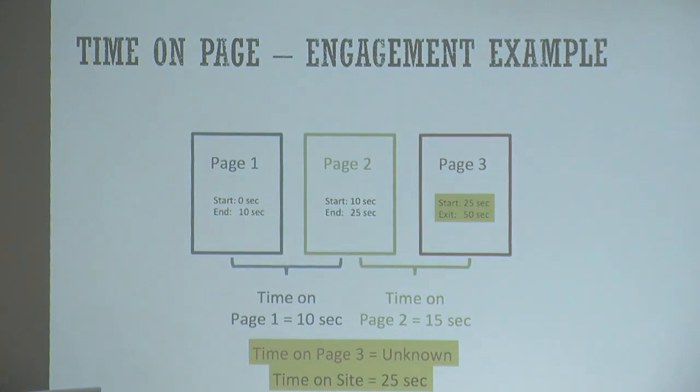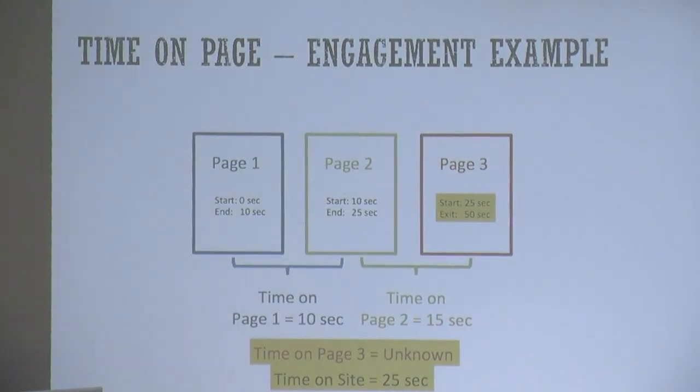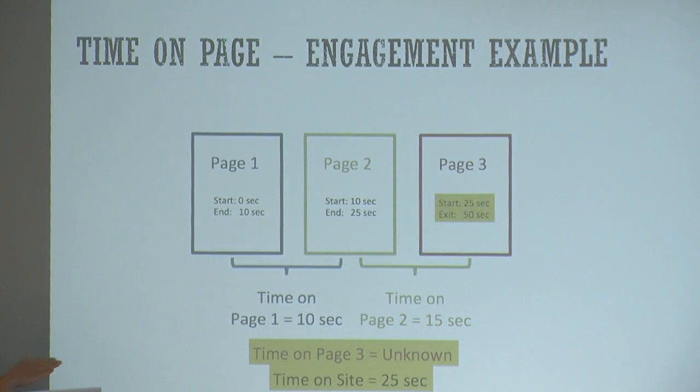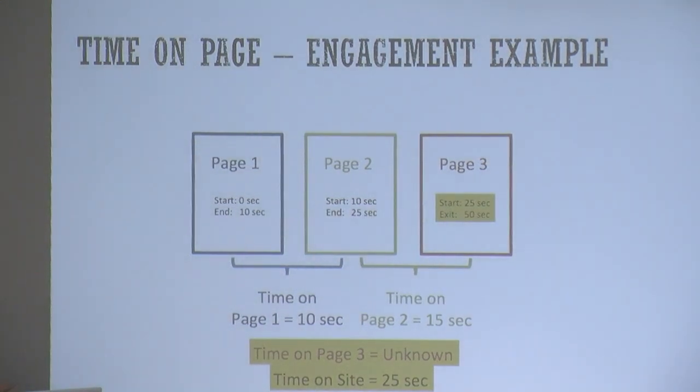So time on page. This is an example of how time on page is natively calculated within Google Analytics. You have a session with 3 page views, and we know they exited at the 50-second mark, so their whole session should be, say, 50 seconds.